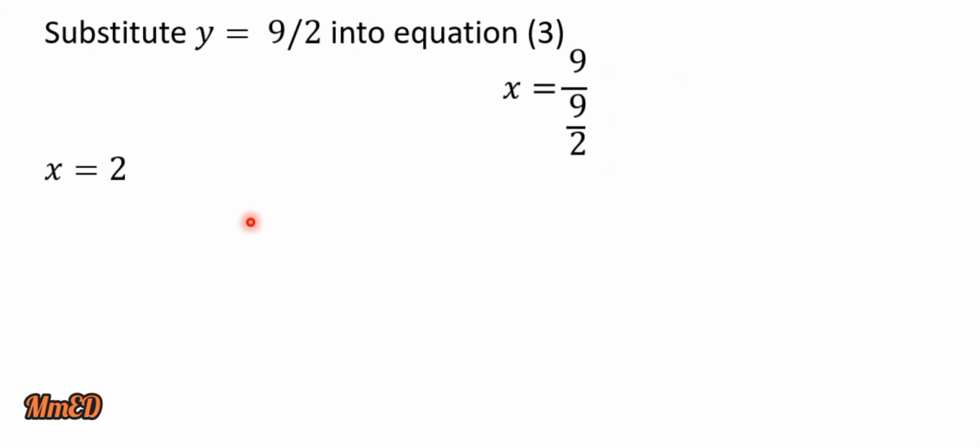Simplifying it, we have x equals 2, and that brings us to the end of our problem. So it means we have the x value to be 2 and the y value to be 9 on 2. Problem solved.